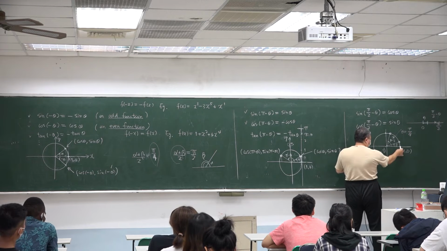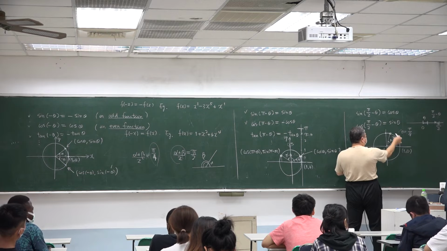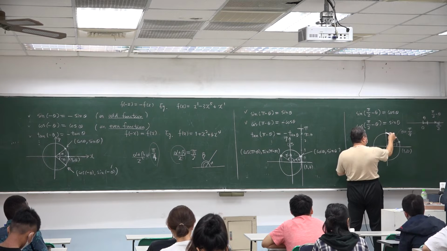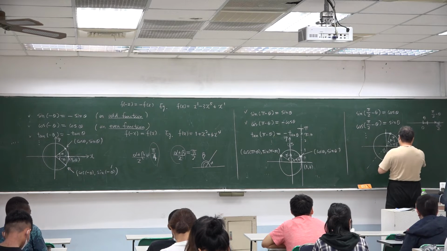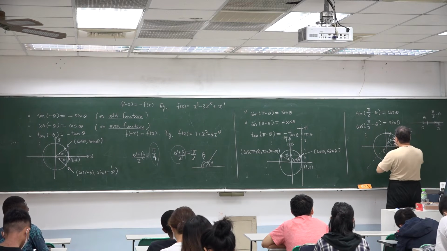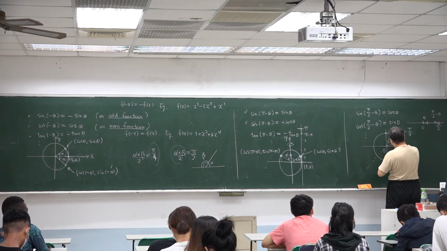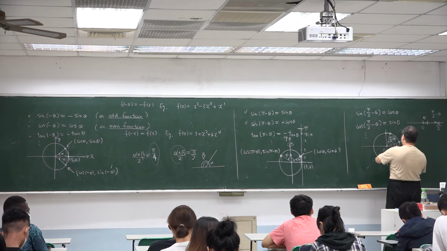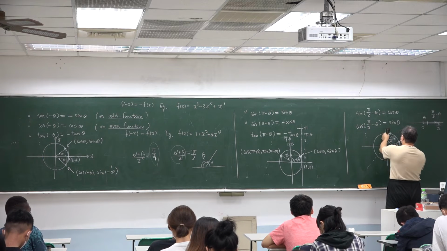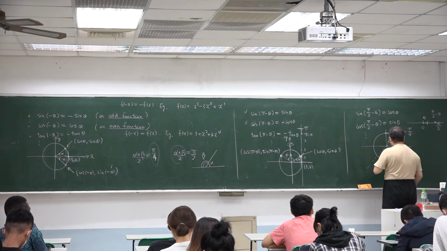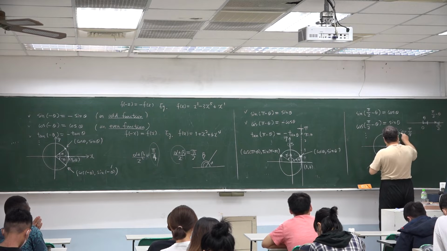If theta is 0, then this one is here, half pi. If theta is bigger and bigger, then half pi minus theta is smaller and smaller. If theta is negative, then half pi minus theta will be moved to here. Anyway, whether theta is positive or negative, it is always symmetric about this straight line.